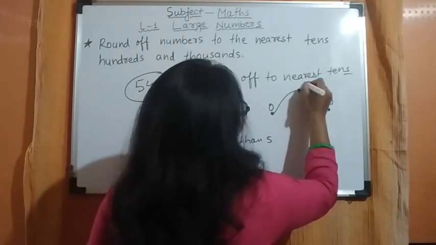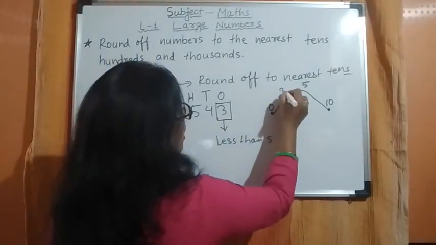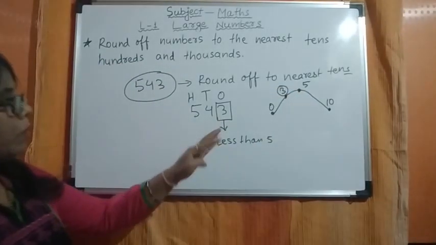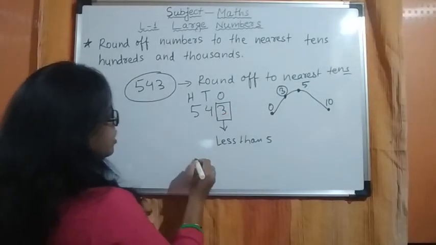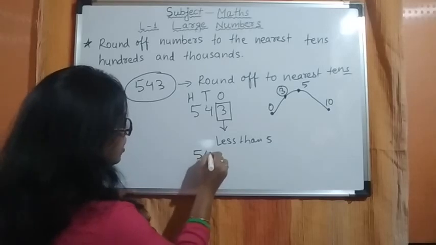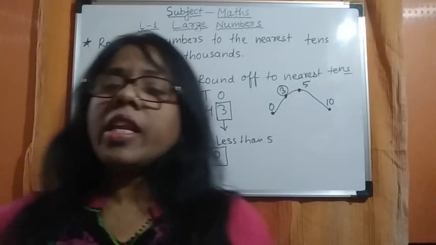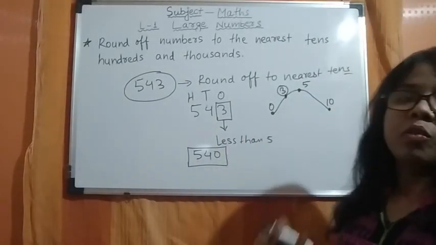Here this is 5. Now check where 3 comes. 3 will come here. So at 3's place you have to put 0 and the remaining should be kept as it is. So after rounding off, 543 will become 540.